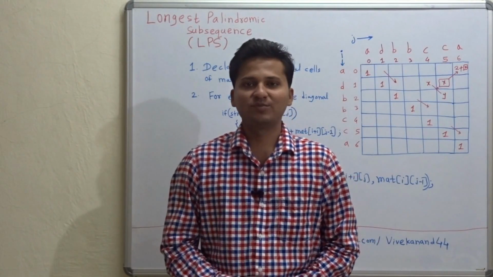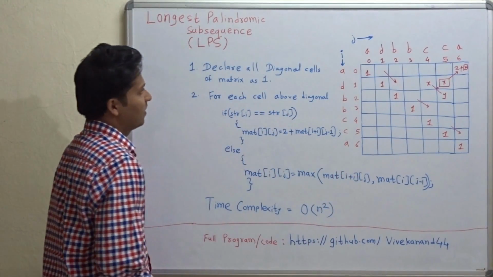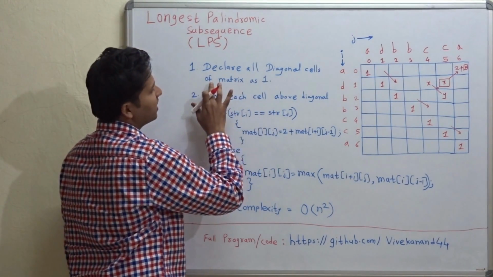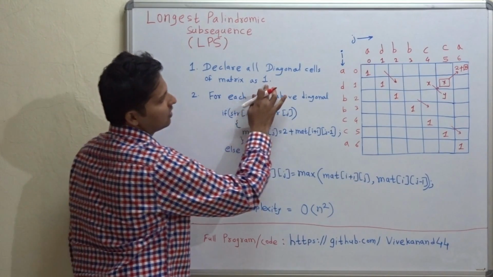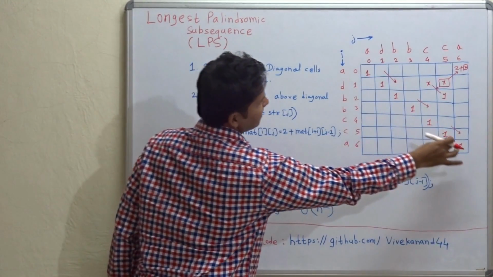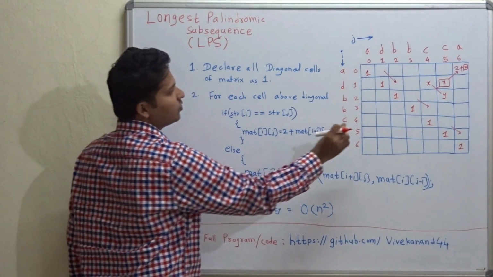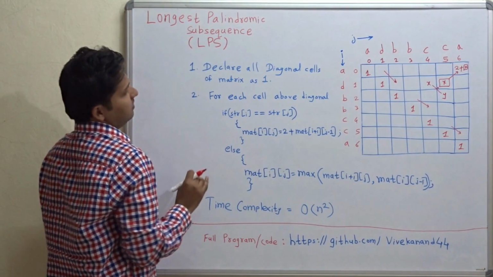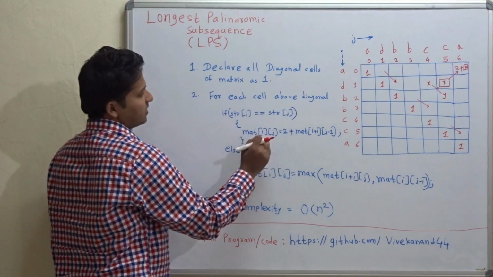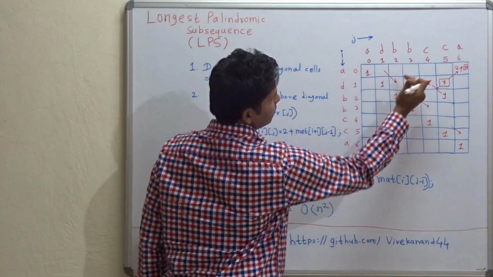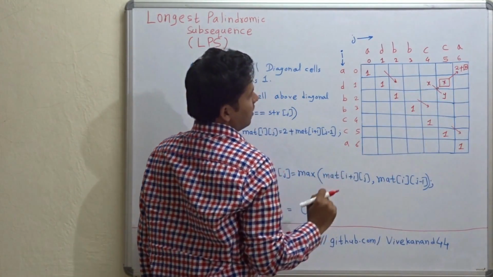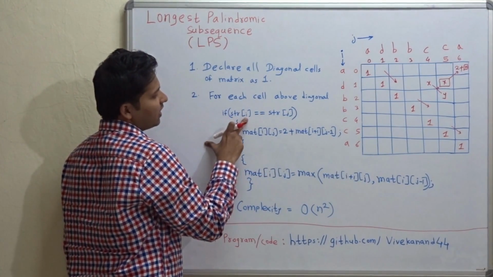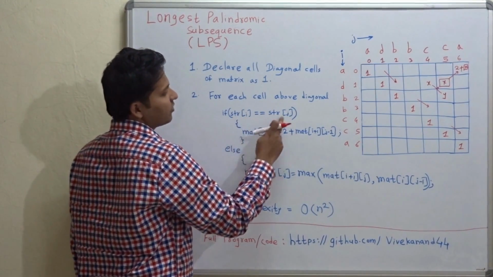So let's see the algorithm now. So here we have to declare all the diagonal cells of matrix as 1. So as you can see in this matrix, in the program you have to declare all the diagonal elements as 1. Then for each cell above this diagonal, we have to check whether str of I is equal to str of j.